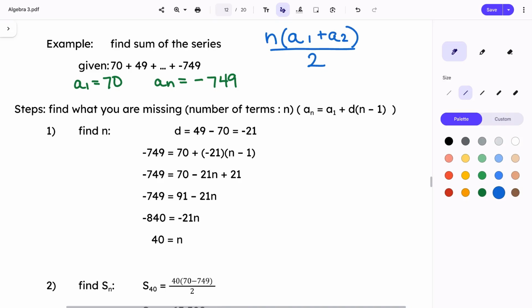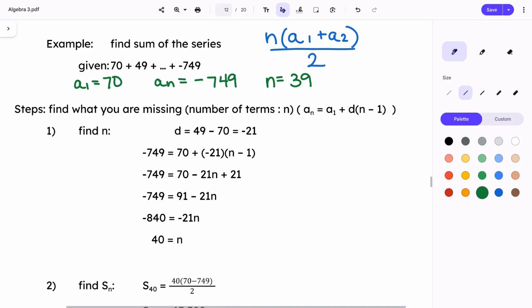I got 39. All I did was start at 70, subtract 21, and keep subtracting 21. It kept saying answer minus 21, so I just kept hitting enter and counting in my head.